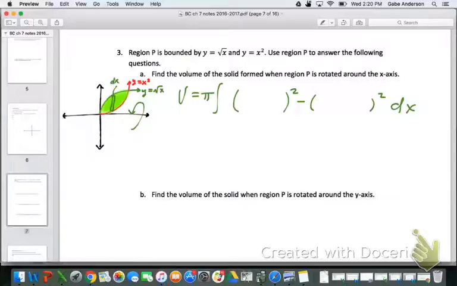And so technically what we'd be doing here, this might not make a lot of sense right now, I'm going to say root x minus 0. The reason I'm putting a minus 0 in there is because the x-axis has a height, or a y value, of 0. And then, of course, the closer function, the smaller radius, would be the parabola. So that would be x squared minus 0.